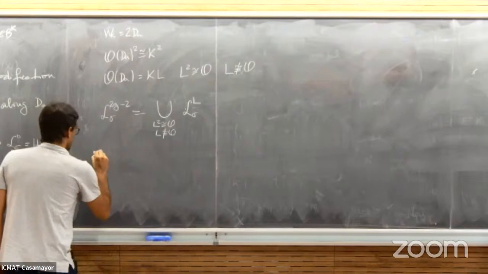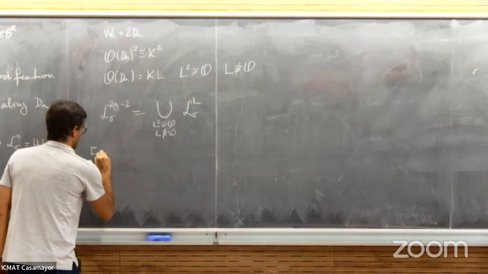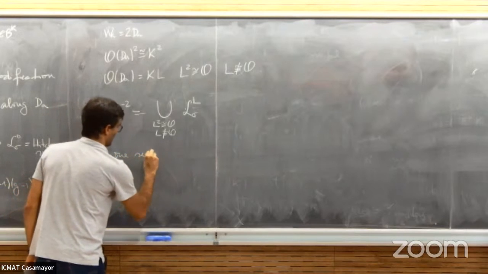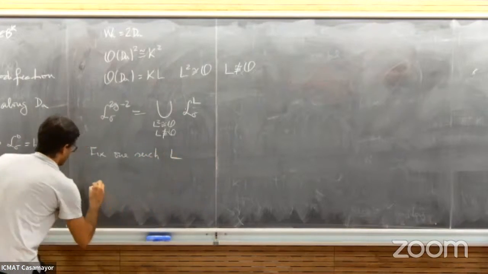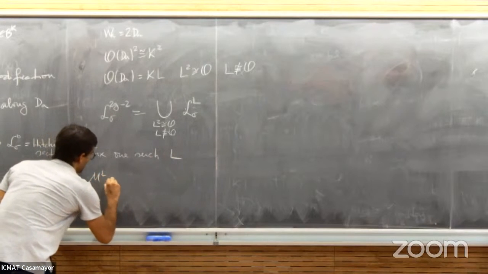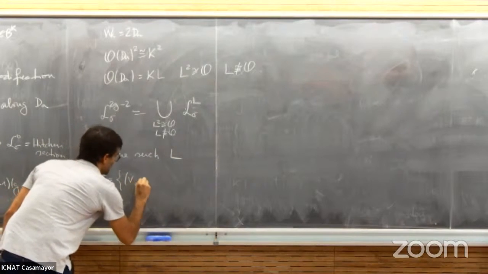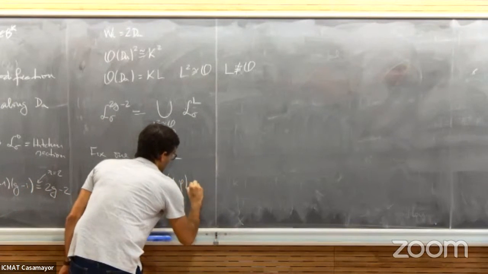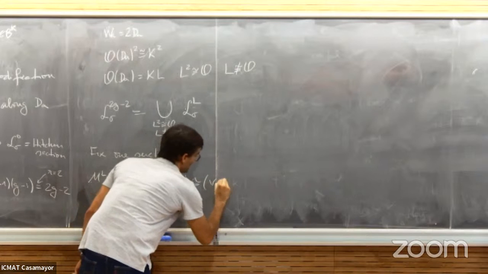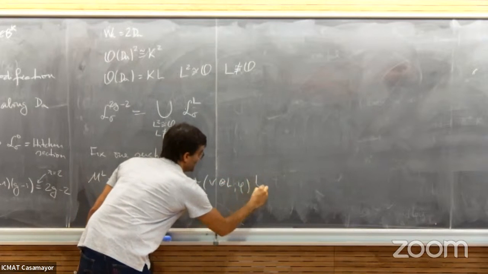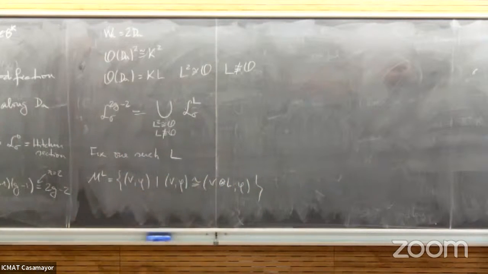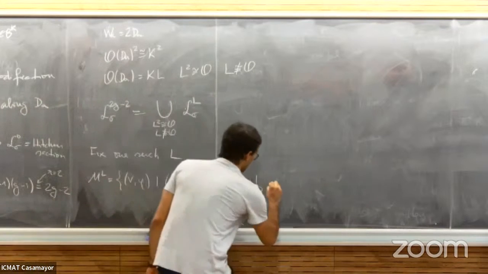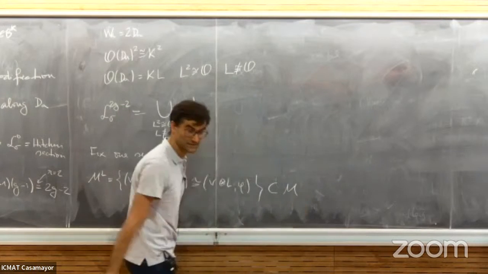Okay, so now let's fix one such L, and let's consider here M_L to be the space of Higgs bundles which are fixed when we tensor them by this two-torsion line bundle, right? So this is a locus inside our moduli space.